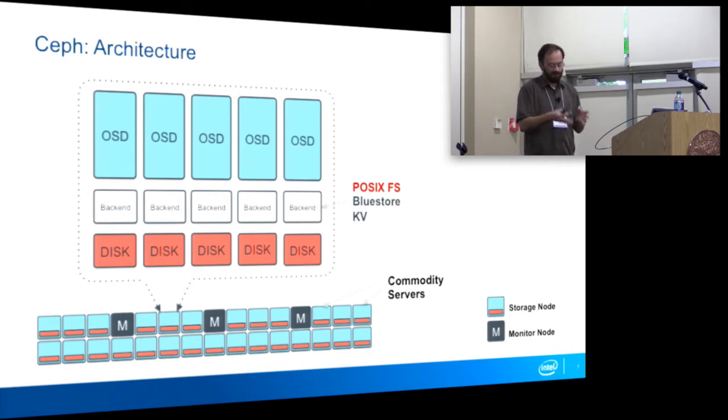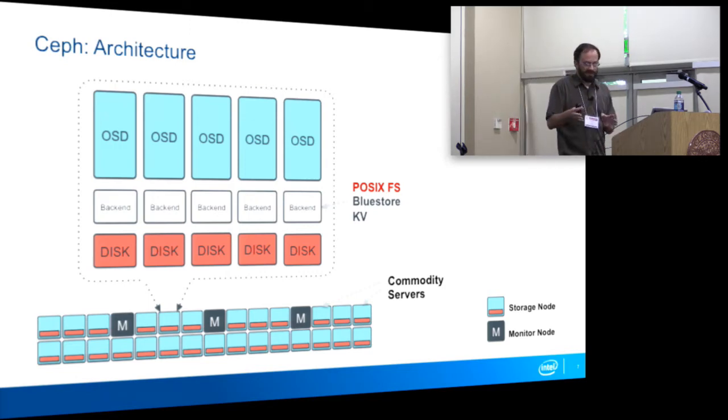And this can be directly through a local file system, or more directly through what is called BlueStore, I believe, where there's also a key value backend to Ceph. And if you use the POSIX interface, there's a number of different local file systems. You can use BTRFS, XFS, EXT.